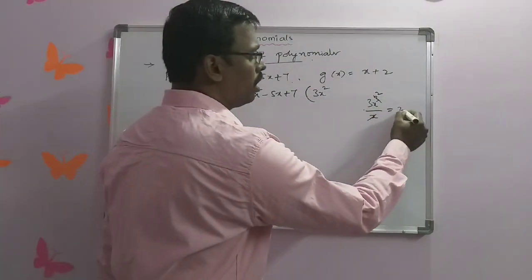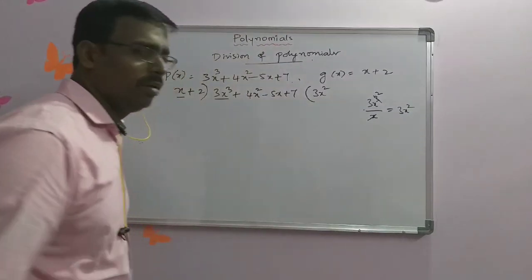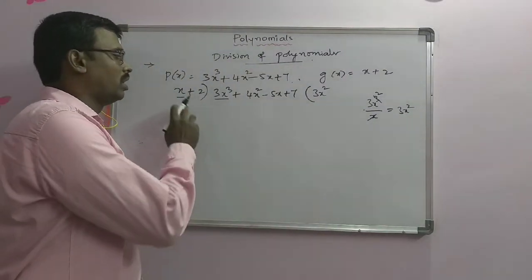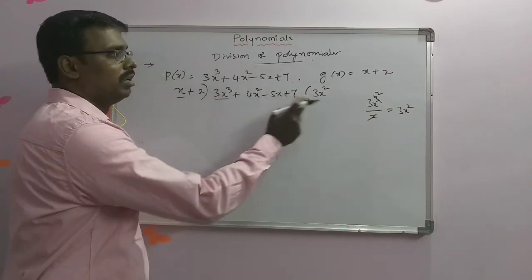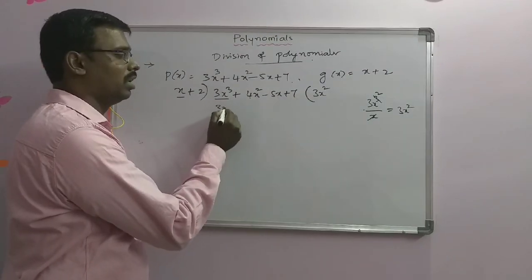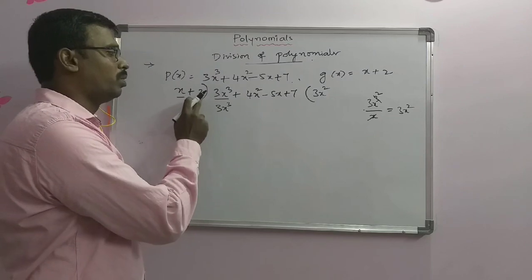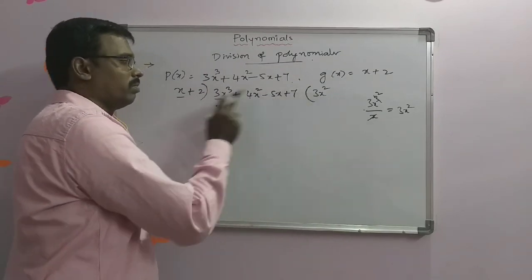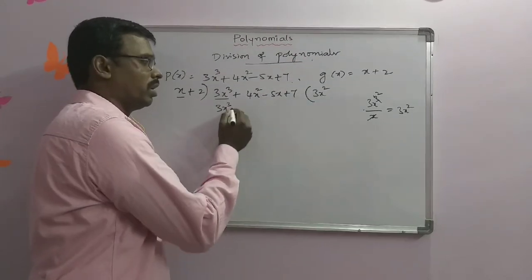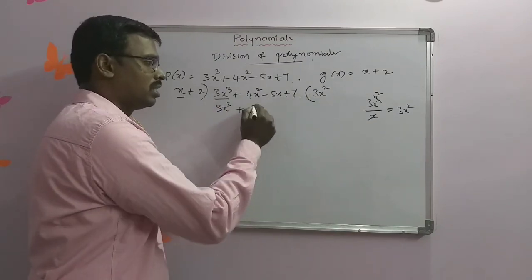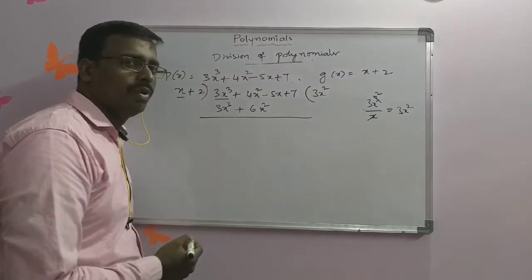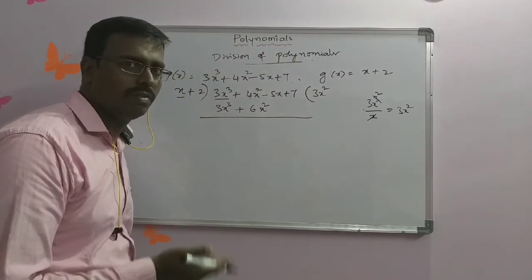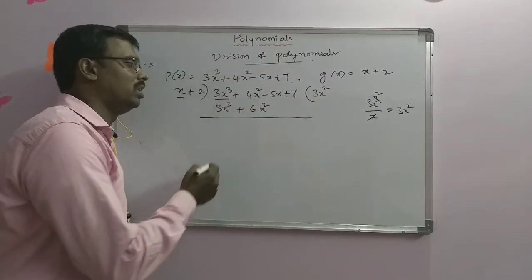This 3x square we will write in the quotient part and multiply with your divisor. That is x into 3x square, which is 3x cube, and 2 into 3x square, which is 6x square. As we know, whenever you do division, we have to go for subtraction in each step.